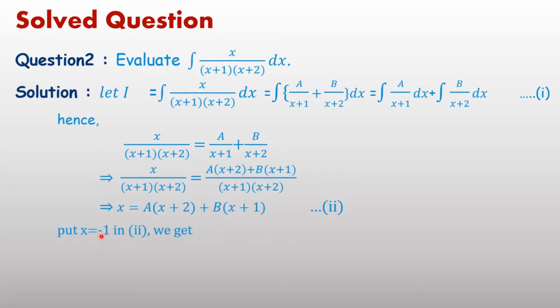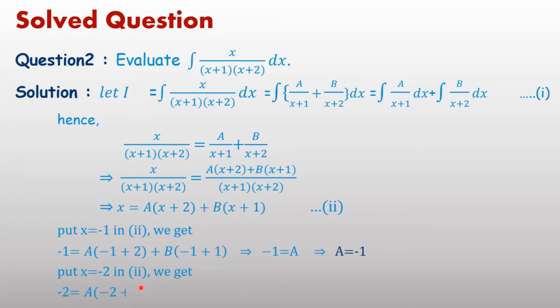If we put x equal to minus 1, LHS minus 1 equal to a into minus 1 plus 2 plus b into minus 1 plus 1, which implies a equal to minus 1. If we put x equal to minus 2, directly we can find the value of b, which is equal to 2.